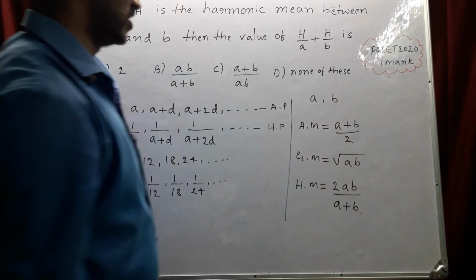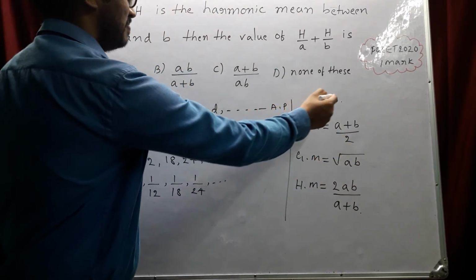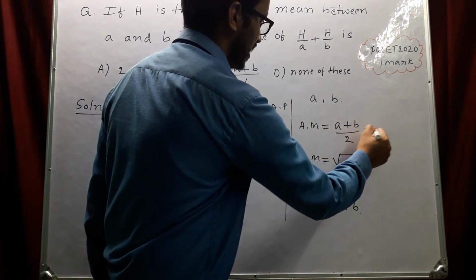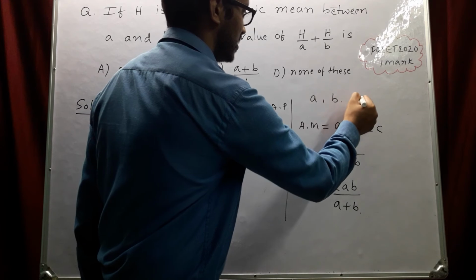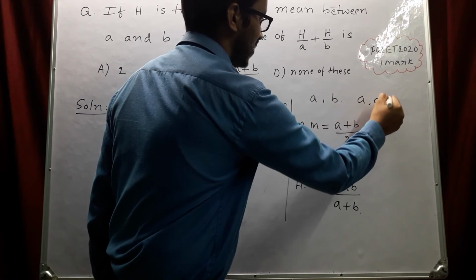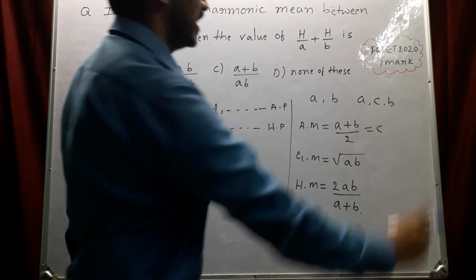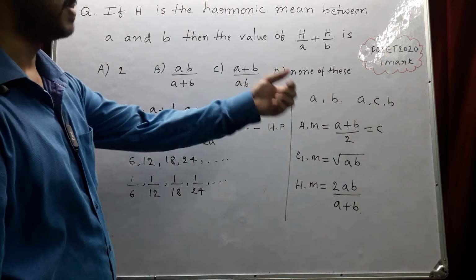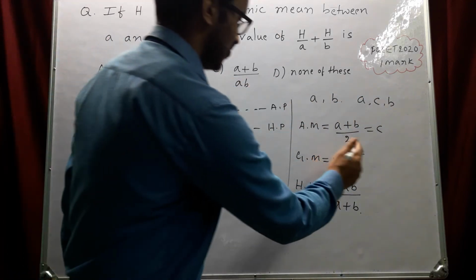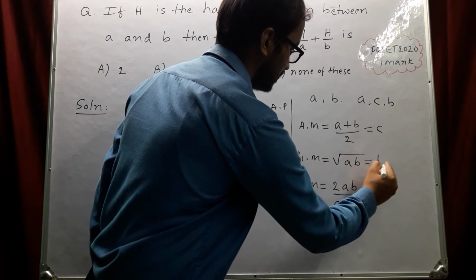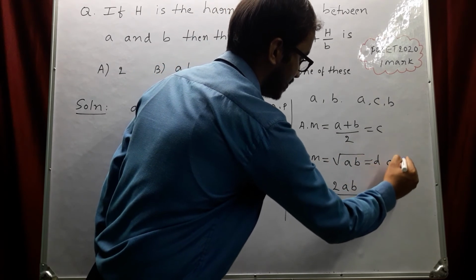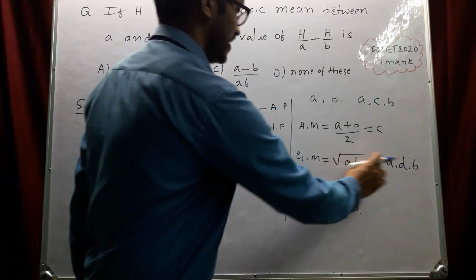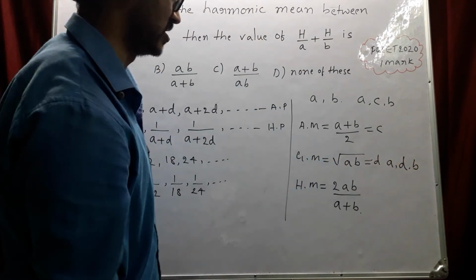So this means what? Suppose you take a and b as any numbers, and take this value as c. If you consider the sequence a, c, b, this is an arithmetic progression. If you take this value as some d, then a, d, b is a geometric progression.